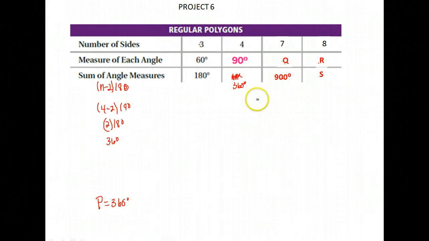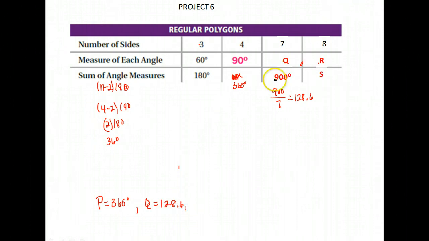There are 7 of them, so I'm just going to take that 900 and I'm going to divide it into 7 equal angles. Okay, when I do that, I get about 128.6. Okay, so for my next answer, I know Q is 128.6.